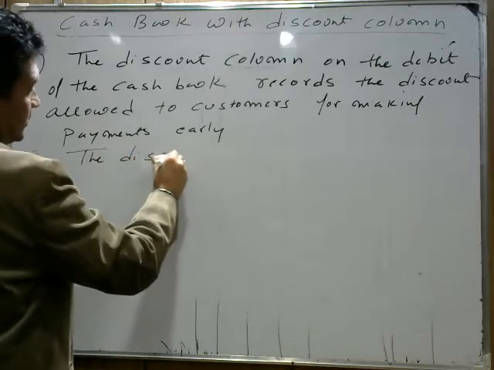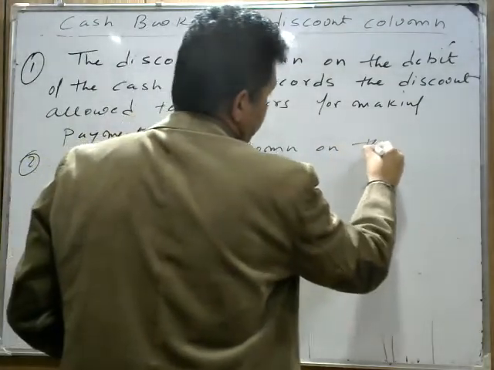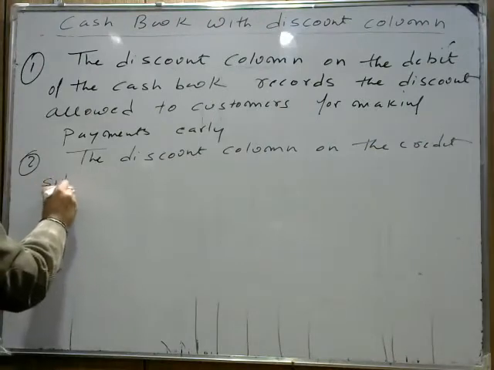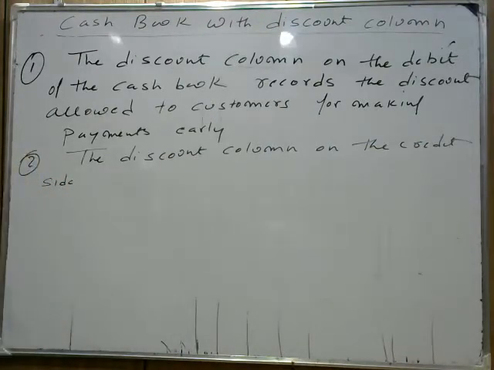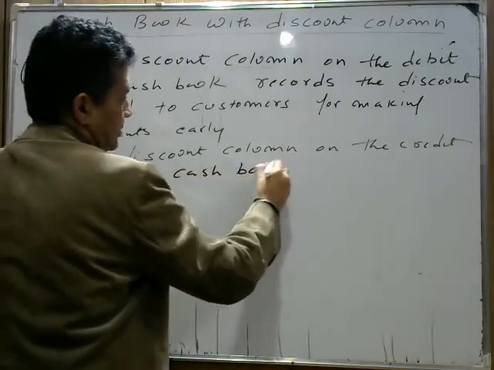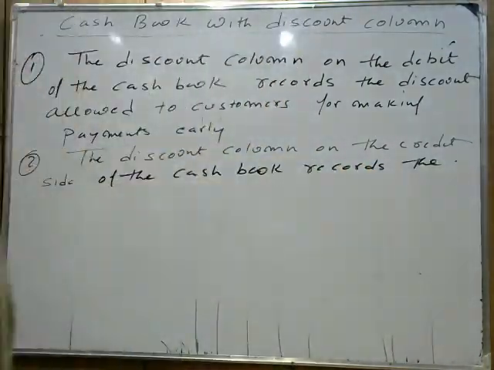The discount column on the credit side of the cash book records the discount received from suppliers.